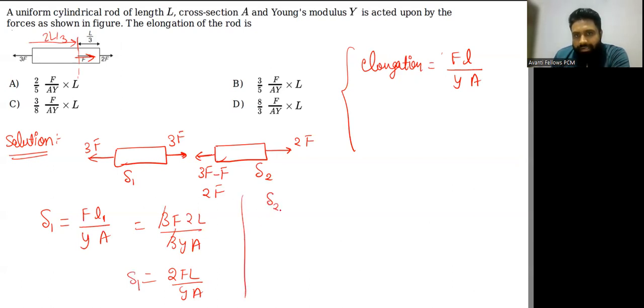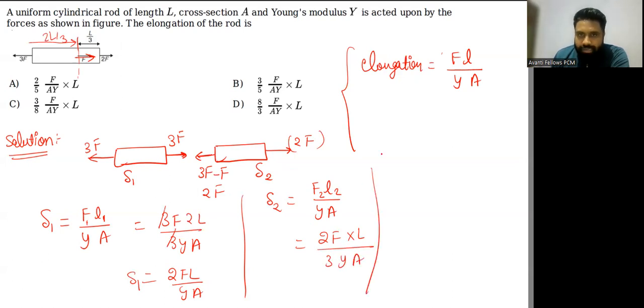Now if you calculate delta 2, it is F2 L2 over YA. Now F is different for this. Let's say this is F1 and this is F2. F2 here is 2F, and L2 is L by 3, over YA. Now the net elongation, delta net, is nothing but delta 1 plus delta 2.